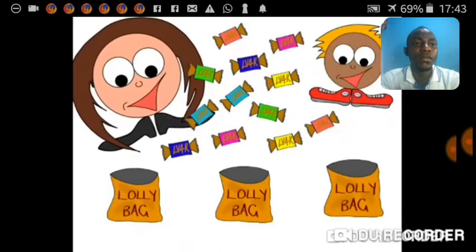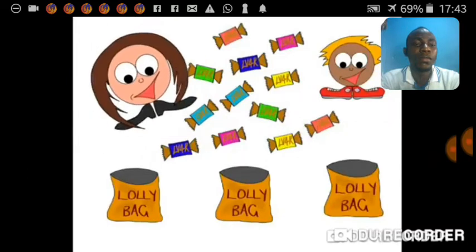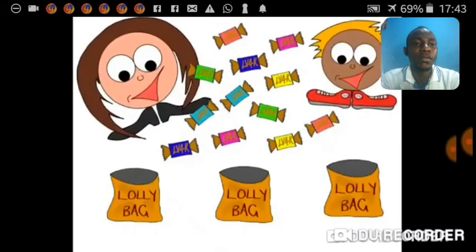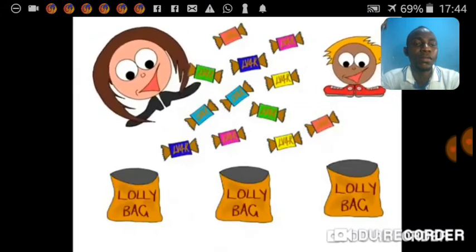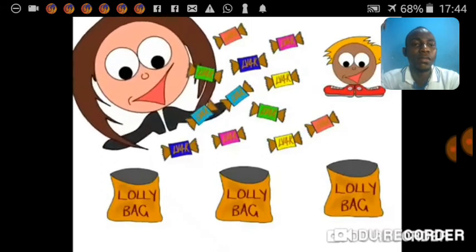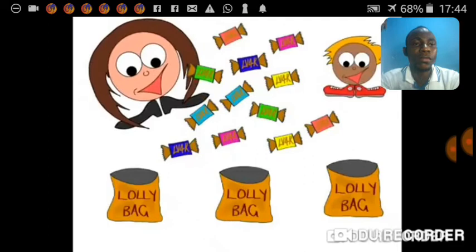Shall we do it together? 1, 2, 3, 4, 5, 6, 7, 8, 9, 10, 11, 12. Good counting, darling. So we've got 12 lollies. How many lolly bags do you have? I have 3. Okay, so we have to make sure we put the same amount in each one. The easiest way to do it is one at a time.